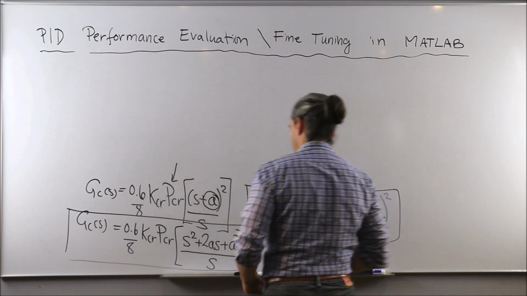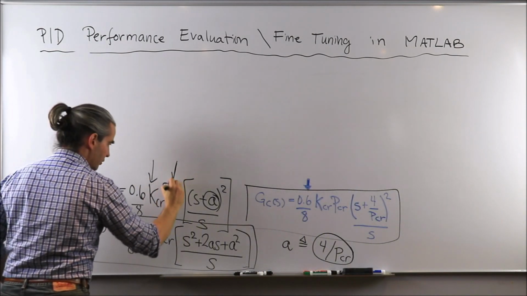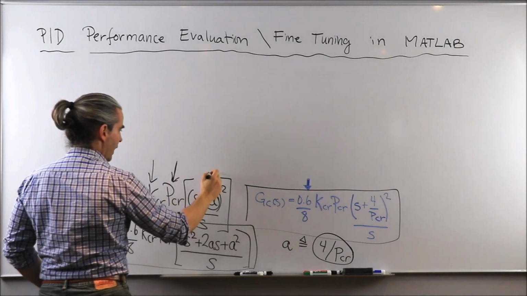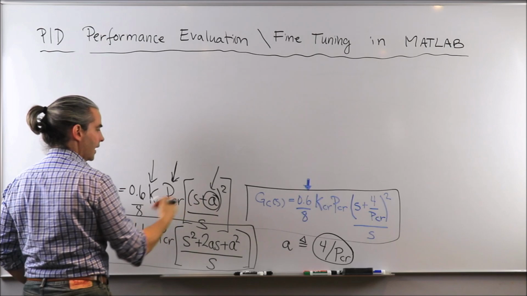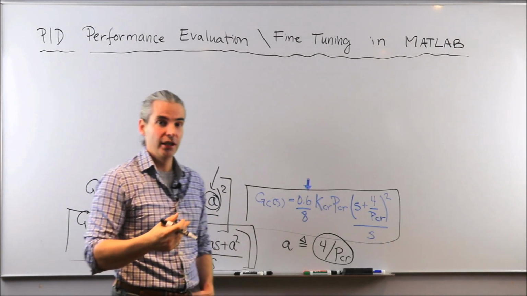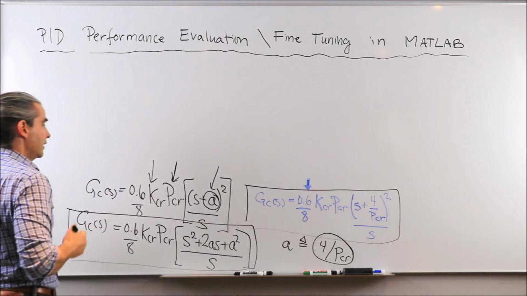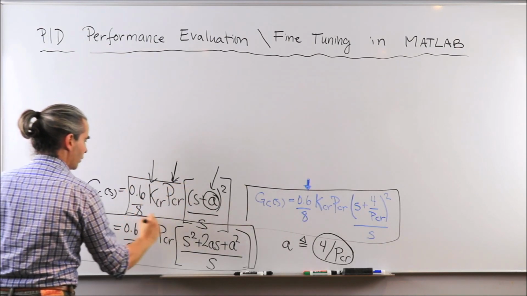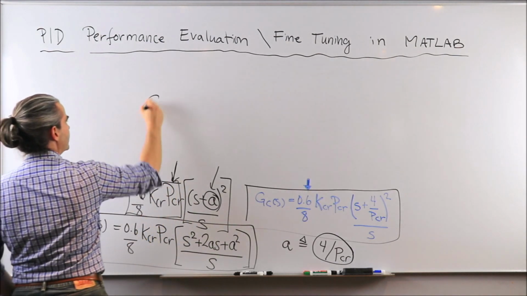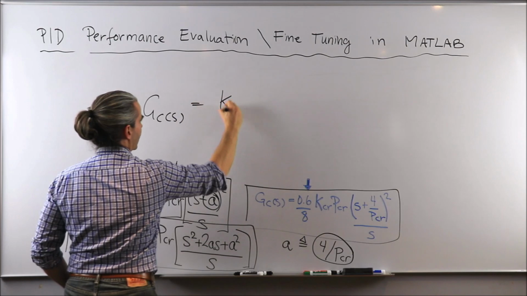But instead of playing with one control parameter, two control parameters, and perhaps even three control parameters, if you consider that A and PCR could be changed independently from one another, and that's going to be the approach of our second methodology here, we'll just lump all those terms here into a single constant that we're going to call K.